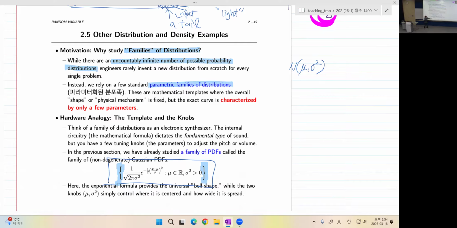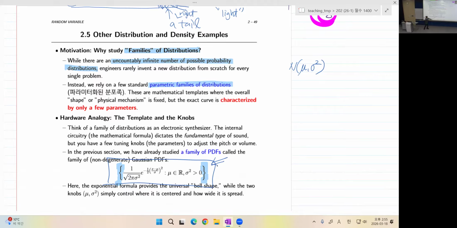And as you see here, mu is any real number, and sigma squared is any positive number. So this set includes all Gaussian distributions except the degenerate cases, like sigma is 0, because we cannot divide by 0. So actually, sigma equals 0 cases are all omitted, and they are called degenerate. But anyway, what I want to say is that you may put density functions sharing the same shape.